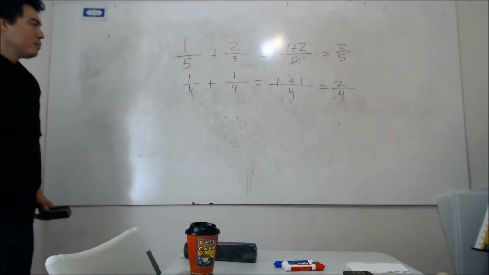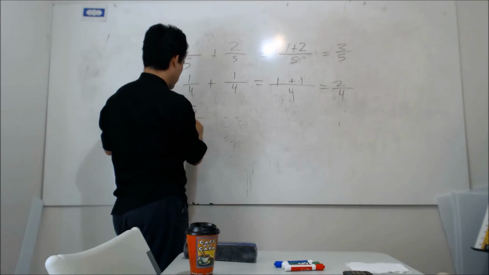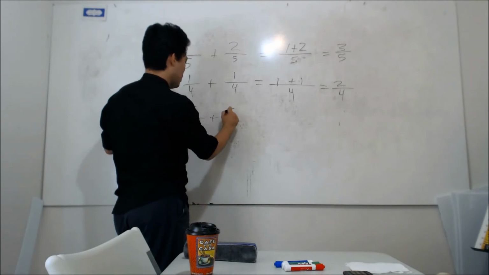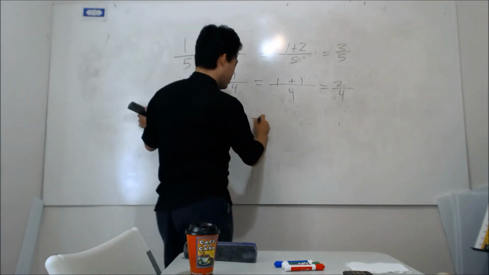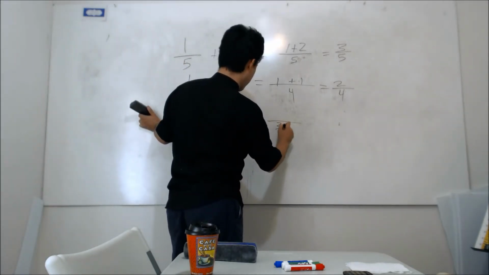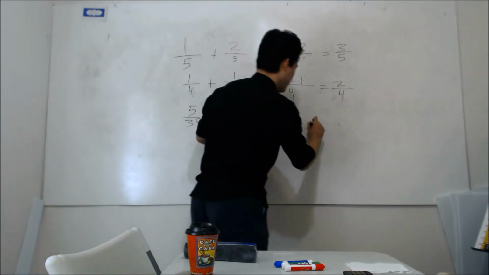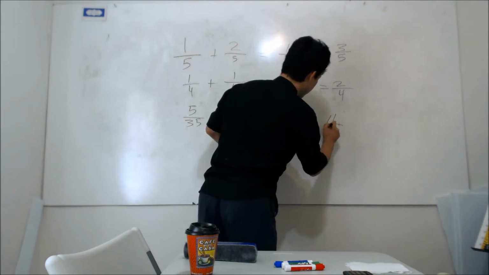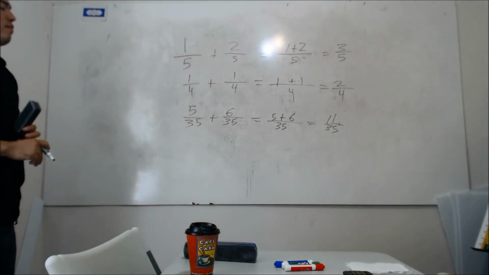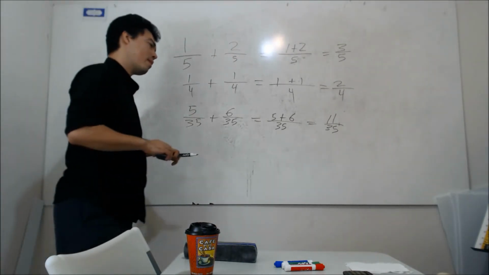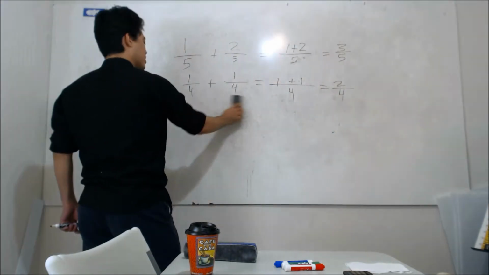Okay. If we have the same denominator, we can add 5/35 plus 6/35. No problem. Same denominator, so we can just take the denominator 35, and we have 5 plus 6. And then 5 plus 6 is 11, so our sum is 11/35. Now the reason why we talked about fractions which are equivalent is because of this problem.